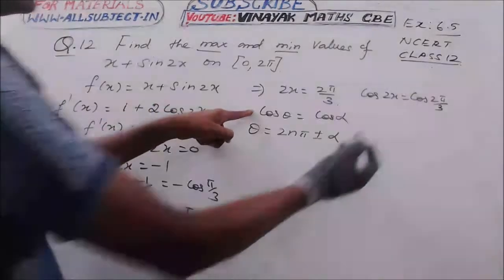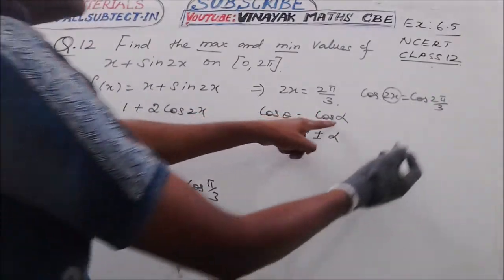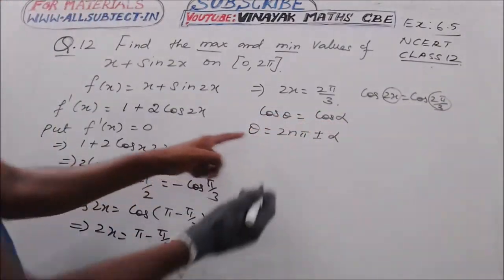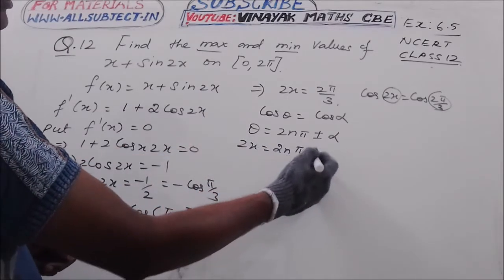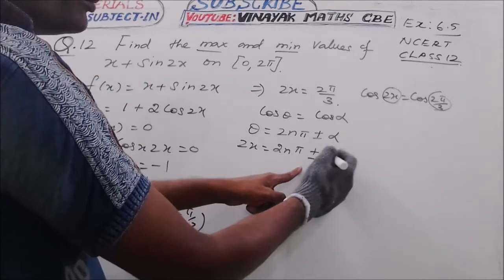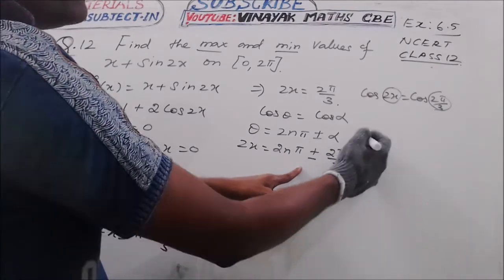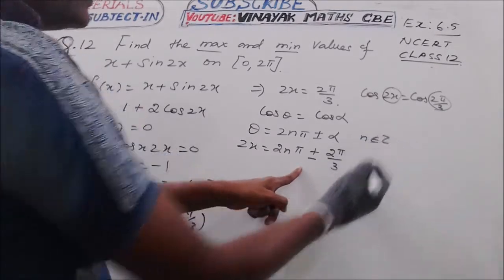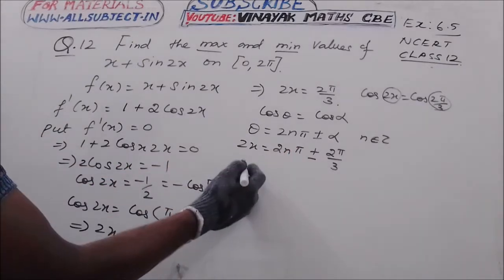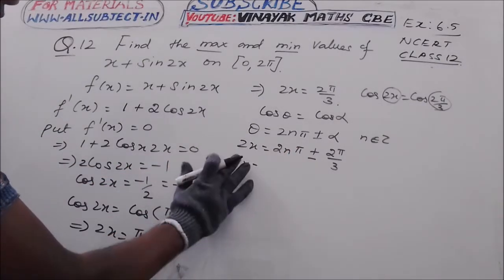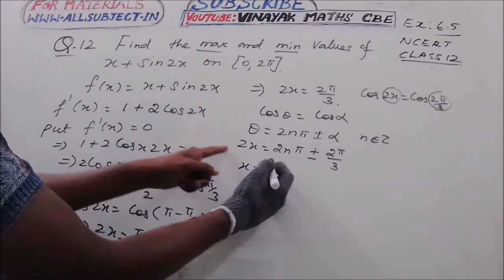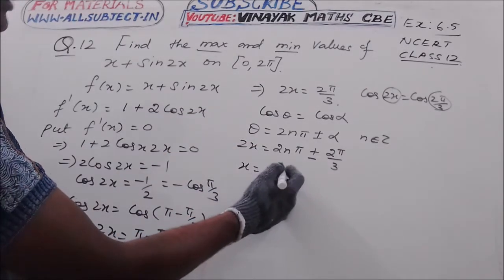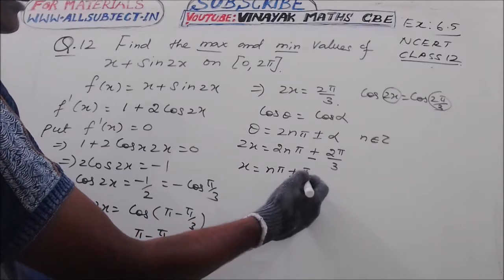Comparing, this is theta and this is alpha, so 2x is equal to 2n pi plus or minus 2 pi by 3, where n belongs to Z, n is an integer. Dividing by 2, x is equal to n pi plus or minus pi by 3. Now substituting n equal to 0.